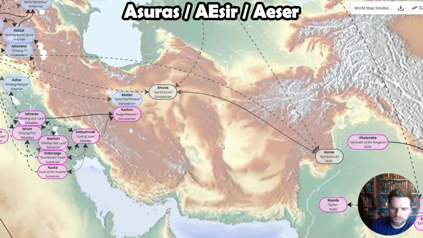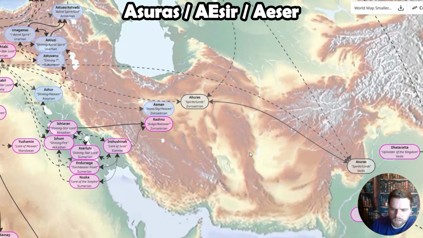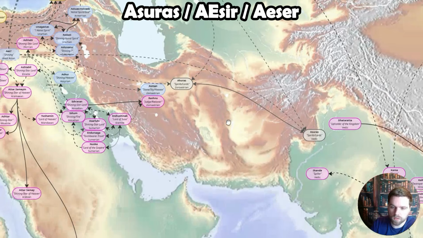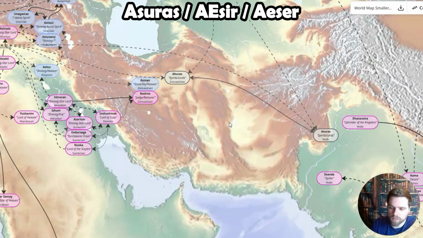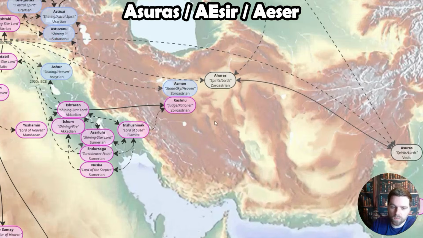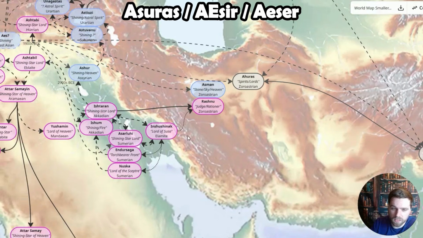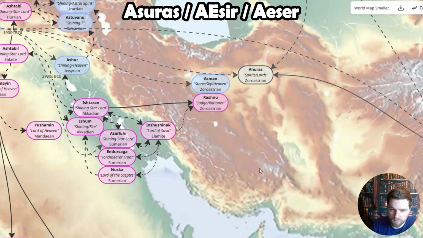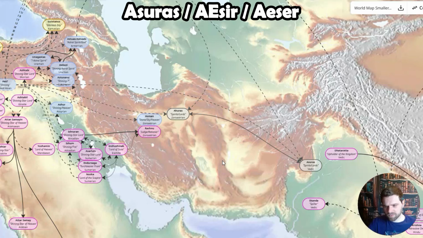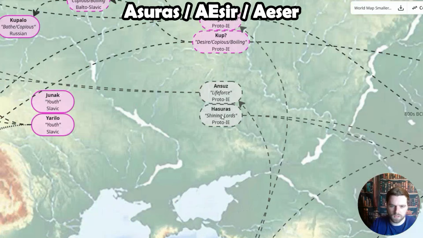A lot of the Ahuras, like Ahura Mazda and Mithra even, seem to have been taken from or evolved from pre-Indo-European sources, so like native Iranian Neolithic peoples, related to the Elamites, as I was saying earlier. And my hypothesis is that the Devas represent the incoming Indo-Aryan gods, and the Ahuras, Asuras represent the native gods that were already there. And if that is the case, then the Asuras is not Proto-Indo-European.